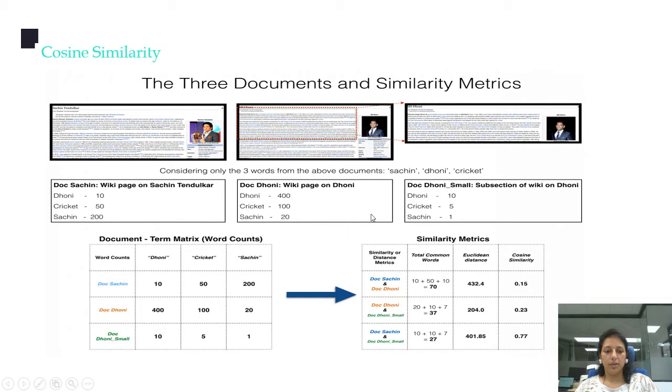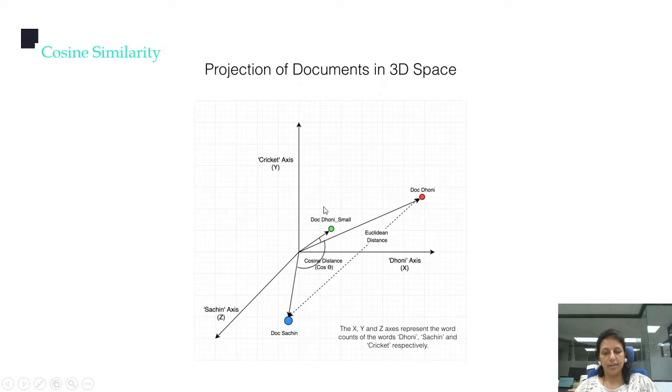This is how the output of a cosine similarity will look, like a matrix which is called a sparse matrix.